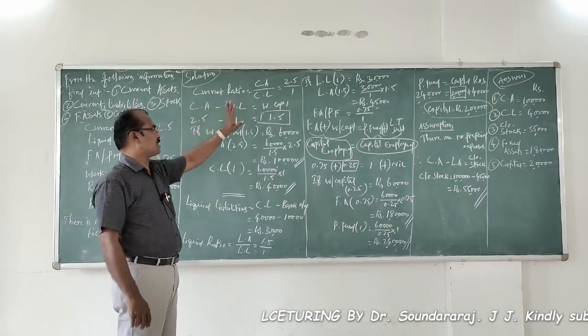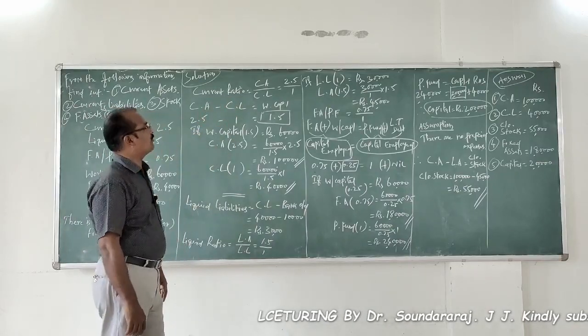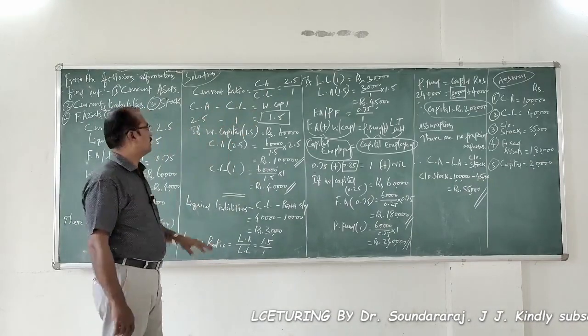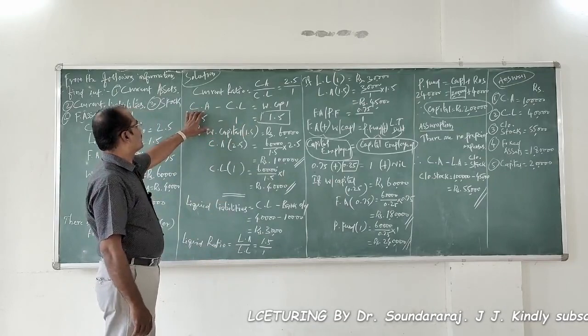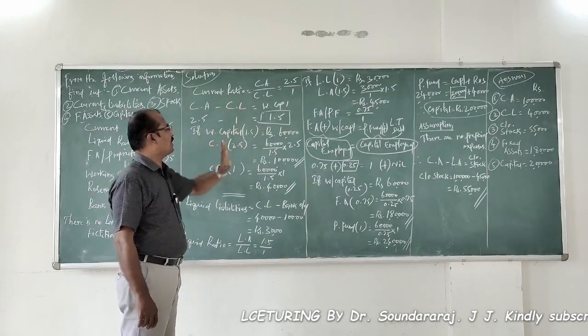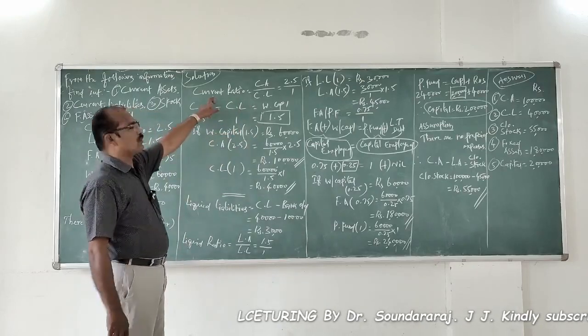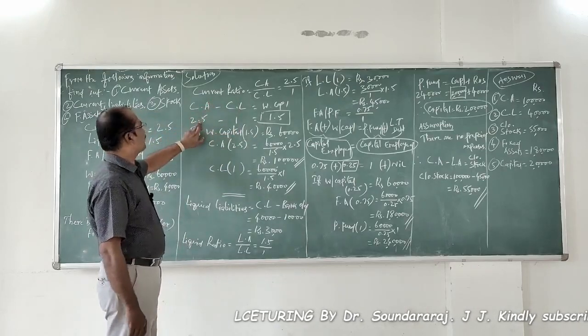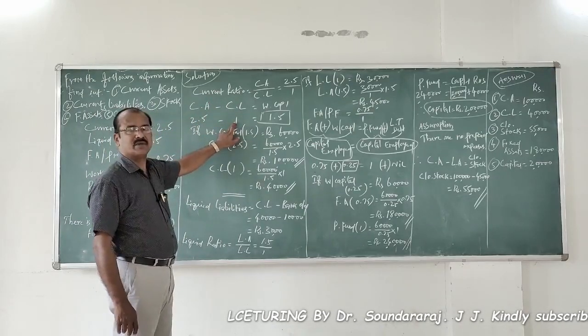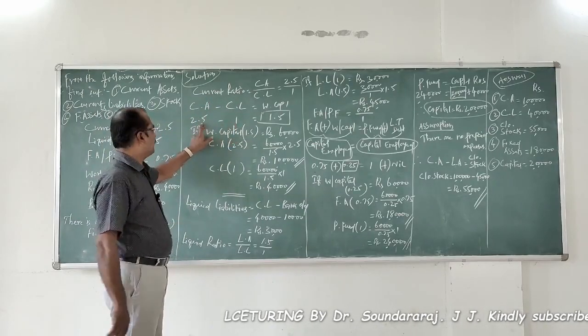Now, current ratio is equal to current assets divided by current liability is equal to 2.5 divided by 1. What is the formula for working capital? Current assets minus current liability is equal to working capital. According to the ratio, 2.5 is a weight given for current assets when current liability is given with a weight of 1.